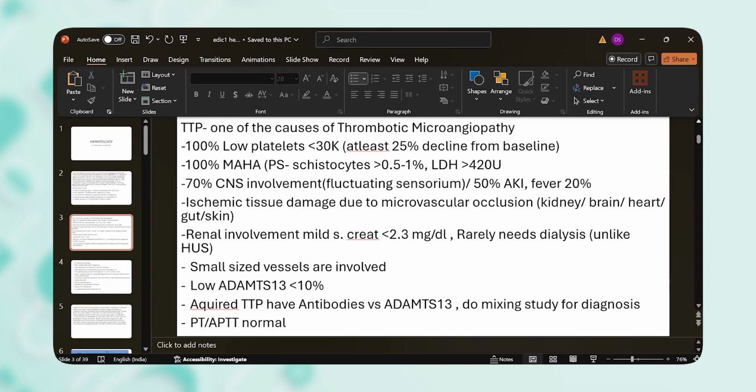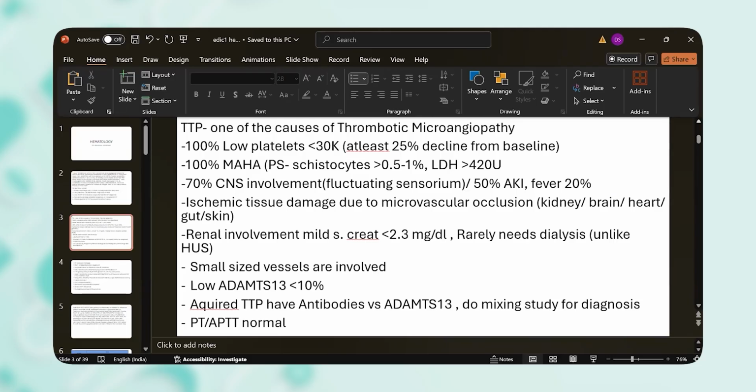When the levels are more than 60%, it is normal. So it has a good negative predictive value, so it rules out. But again, ADAMTS13 being low doesn't mean the patient will have TTP unless the levels are quite low. If less than 10%, that is also one of the diagnostics.